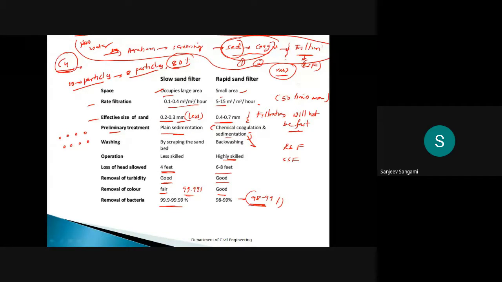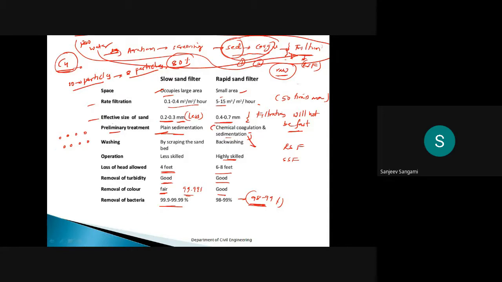But if you bypass this and enter the raw water directly into a filtration process, then the efficiency you expect from the filtration process will be very low. So if you want to increase the filtration efficiency, you should go for plain sedimentation, and chemical coagulation followed by sedimentation in the rapid sand filtration process.